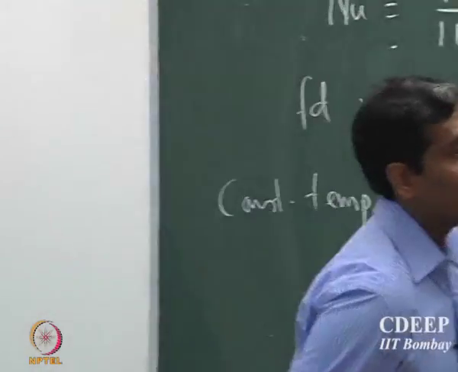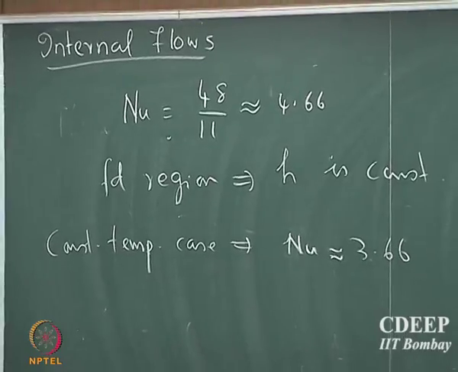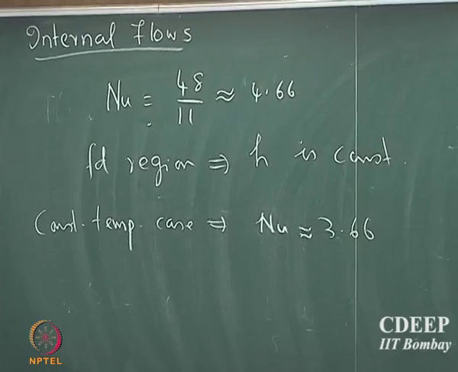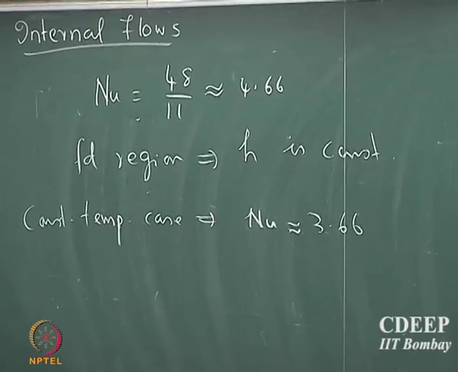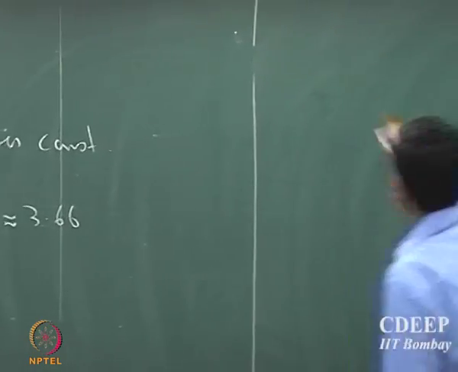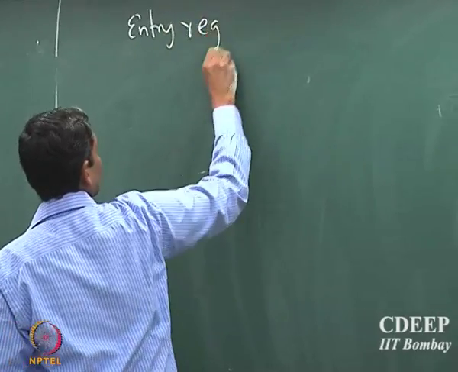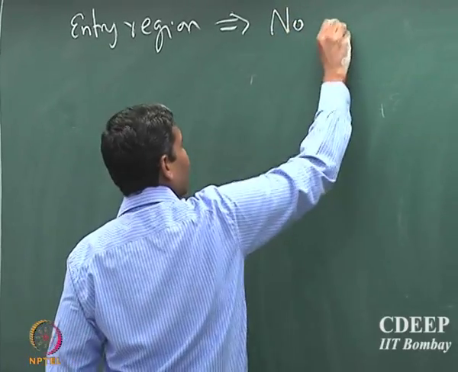Alright, so now this is all the story about fully developed regime. But when it comes to the entry region, where the boundary layer is definitely present, it turns out that in the entry region there is no analytical solution possible.